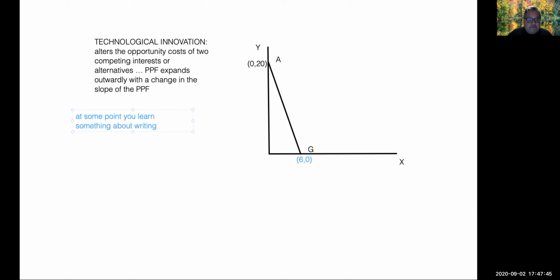At some point you learn something about writing that makes you a more productive, prolific writer. You become a better writer without necessarily implying that you become better at math.